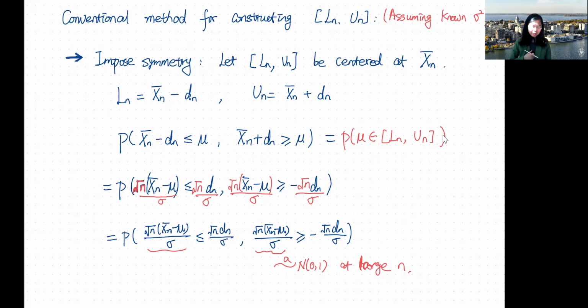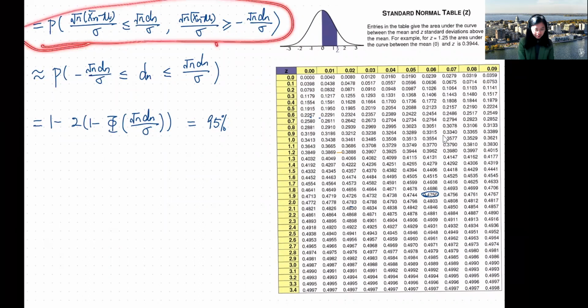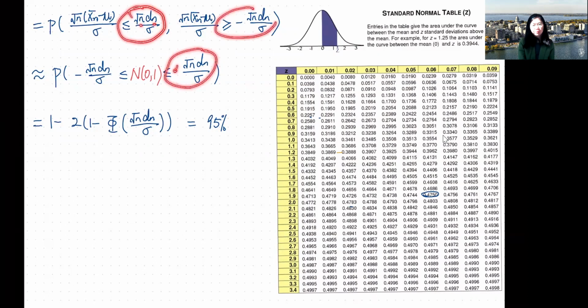That means this probability, which is copied here, is approximately the probability that a standard normal random variable is less than or equal to root n Dn over sigma and greater than or equal to the negative of that.